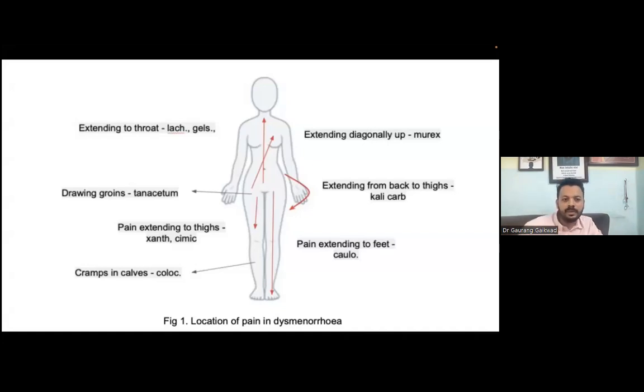And then pain in dysmenorrhea drawing in the groins, there is another remedy, tanacetum. And then pain in dysmenorrhea going to the throat. Can you imagine pain going upwards like this? Bacillinum. So this is a very, very interesting kind of pictorial form of thing.